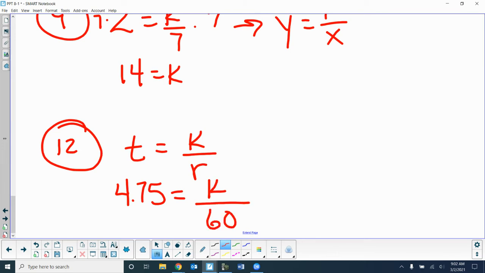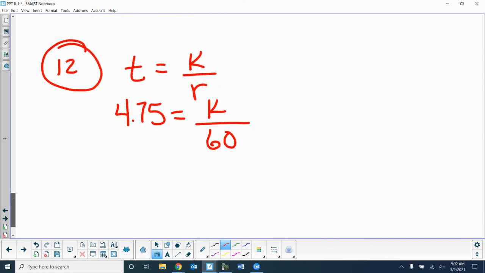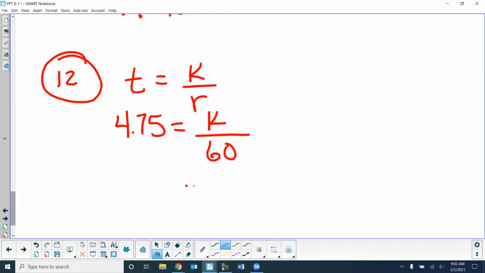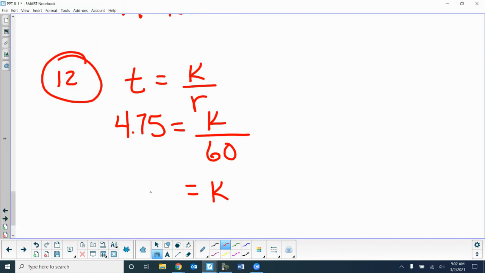So that's how we can find K. All right, so I go 60 times 4.75. 60 times 4.75. 285 is my constant. All right.